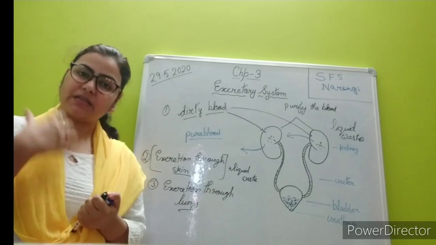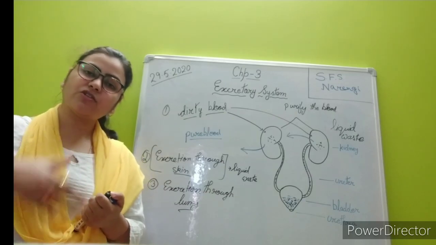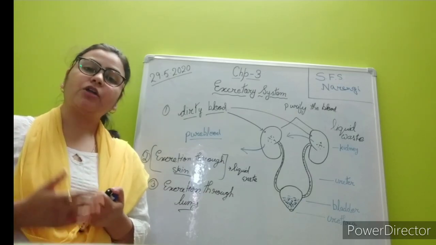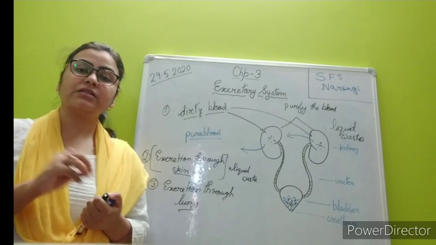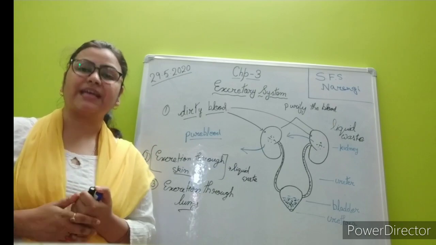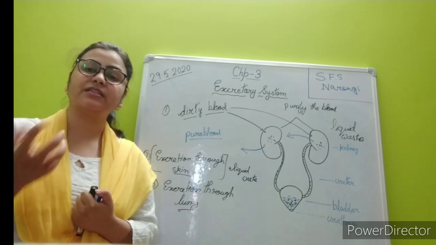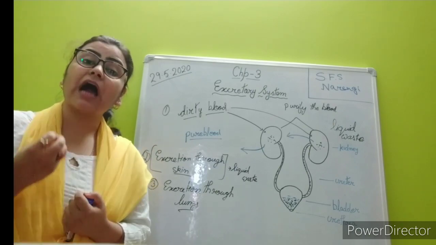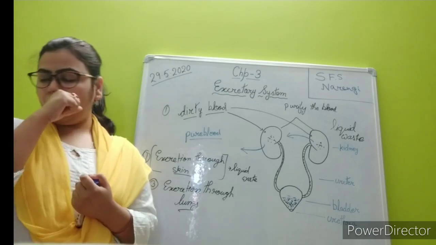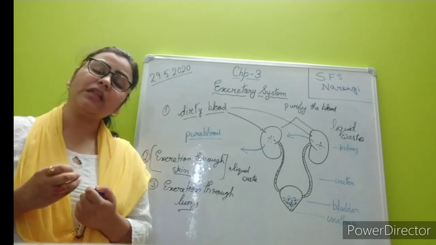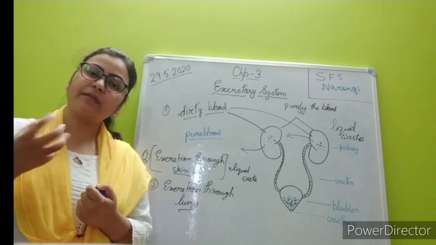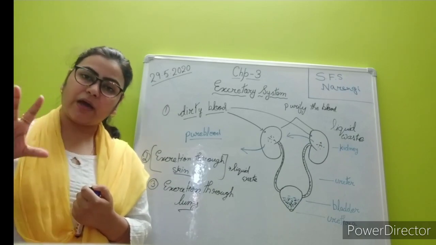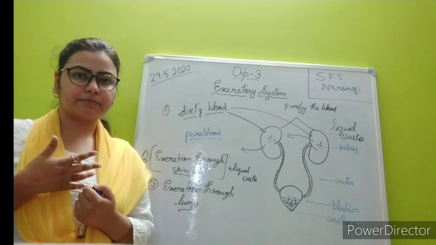So the oxygen mixes with our blood and travels all throughout our body, and the oxygen gets to all the cells, and from the cells the waste material in the form of carbon dioxide, the blood takes up the carbon dioxide. Now it comes back to the lungs.